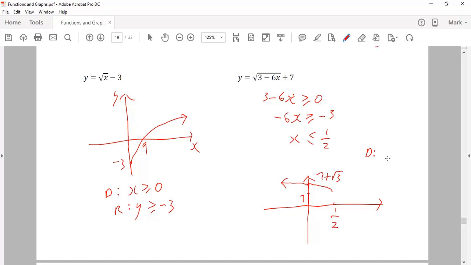So domain, we know x is less than or equal to a half. And the range, we can tell that y is greater than or equal to 7. So yeah, that's your square root graphs.